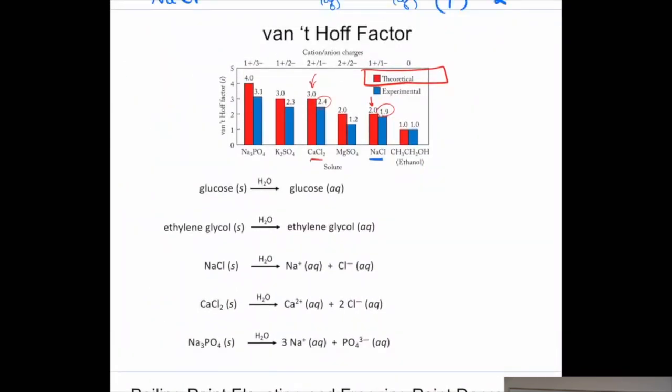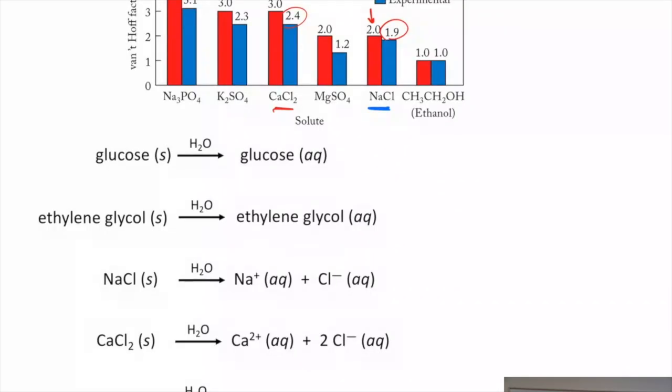Let me just remind you, the first 2 we've already done. So if I have 1 mole of glucose and I put it in H2O, I'm going to end up with 1 mole of glucose in aqueous solution. That's going to give me 1 mole of particles in solution. Now, let's make a little chart here, okay?